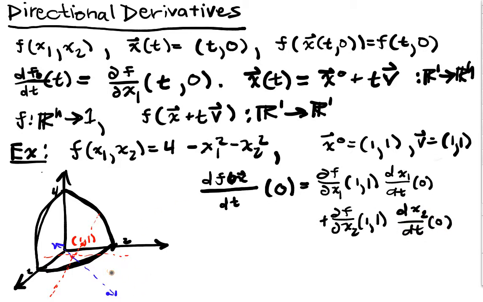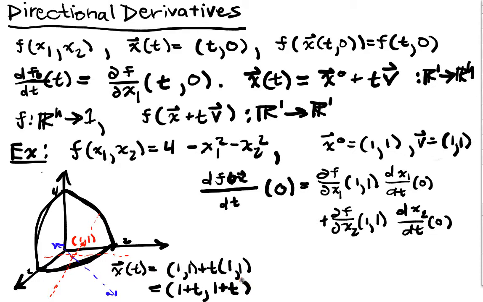Well, right, this curve is exactly x of t equal to x naught, which is (1, 1), plus t times (1, 1), which is equal to 1 plus t, and another 1 plus t.